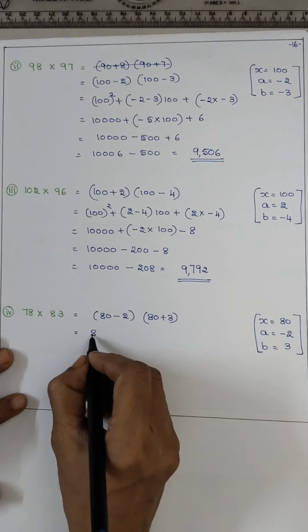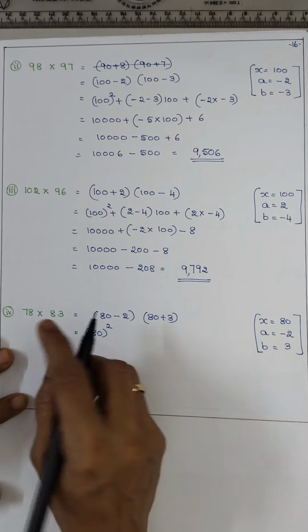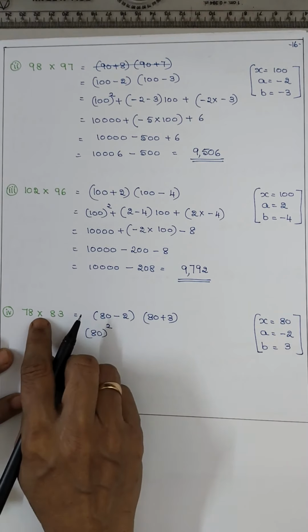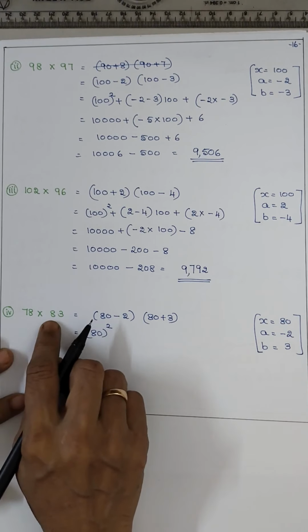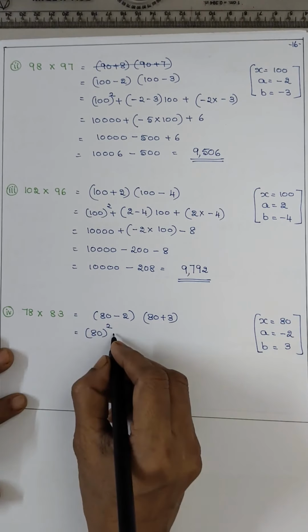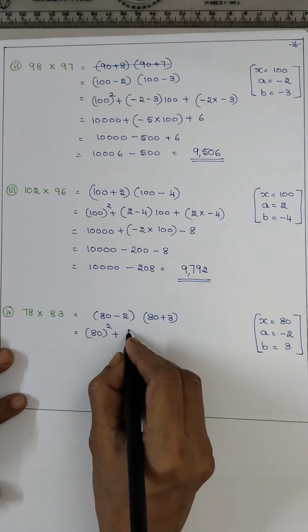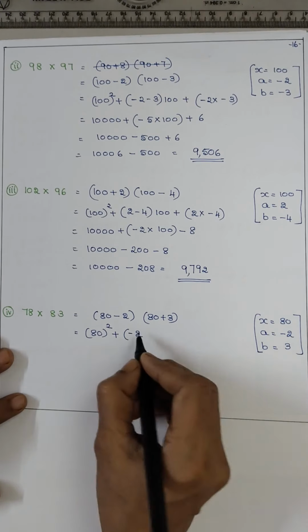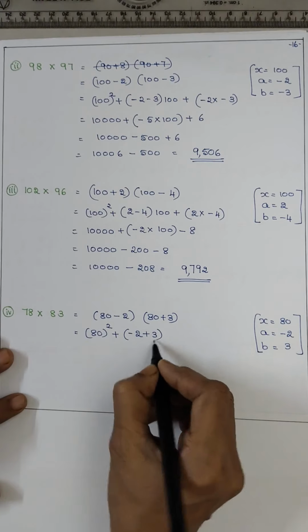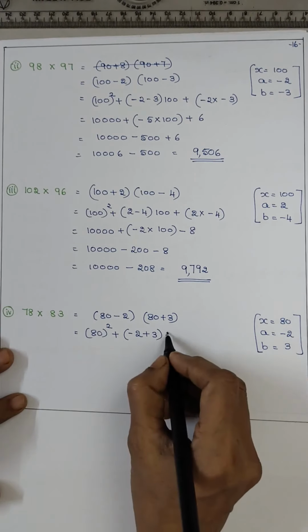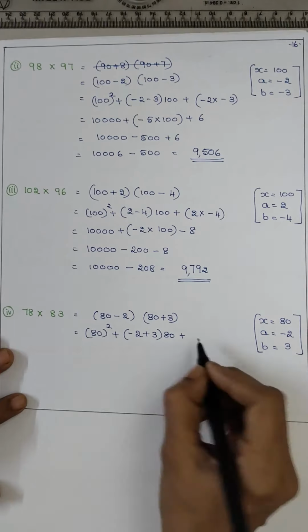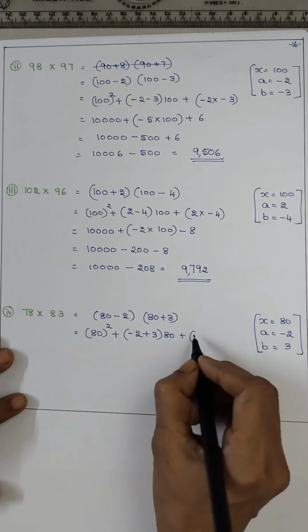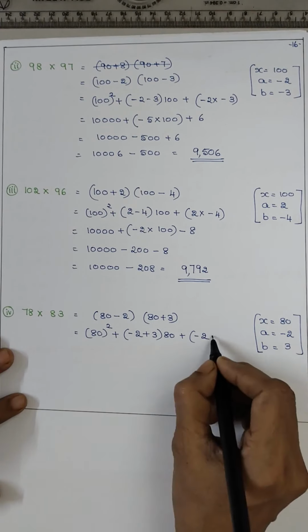x, that is 80 square. Here we cannot think of 100, the nearest is 80. Okay, plus (a plus b), a is minus 2 plus b plus 3, into x is 80, plus a into b, minus 2 into 3.